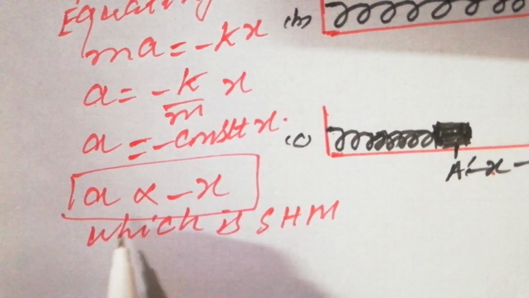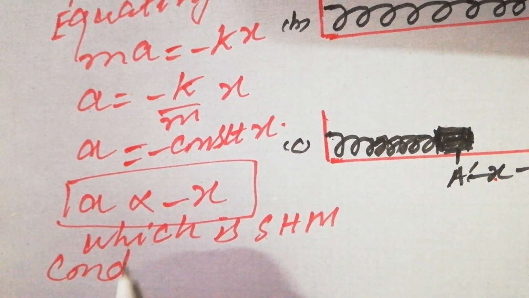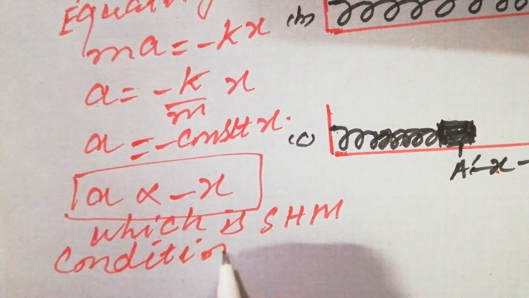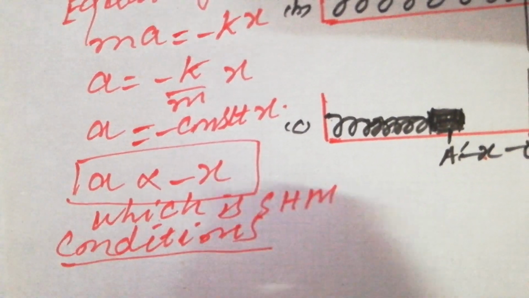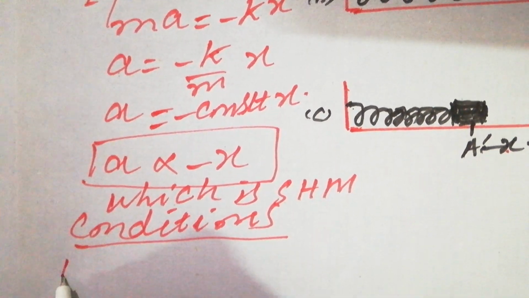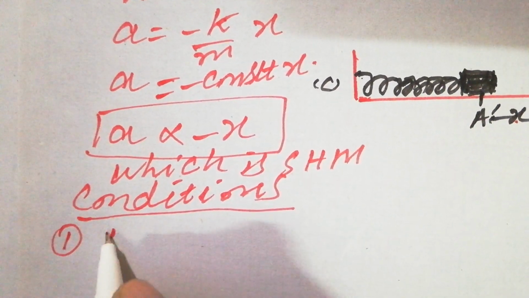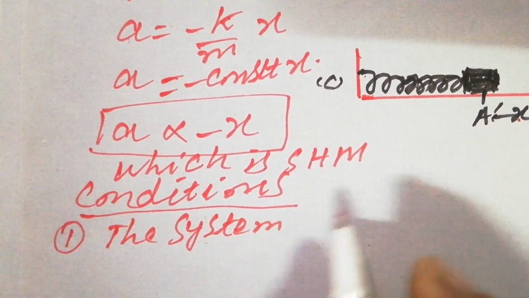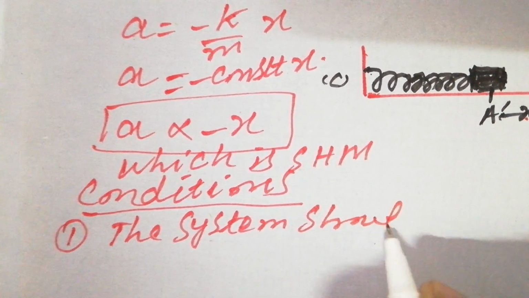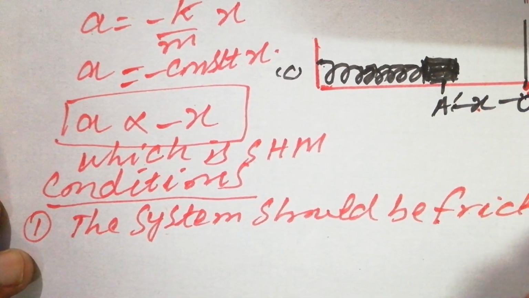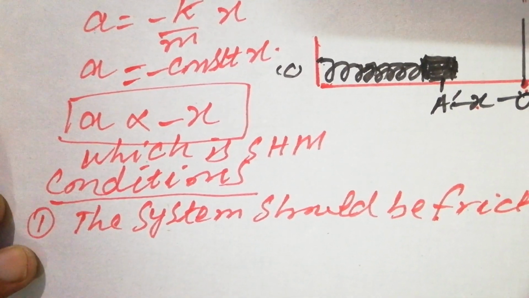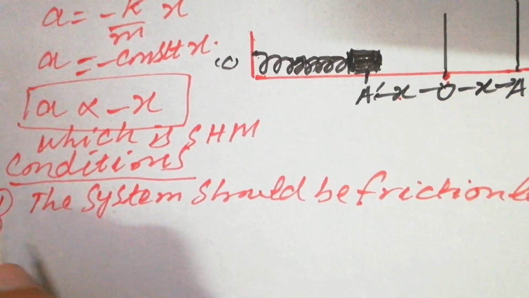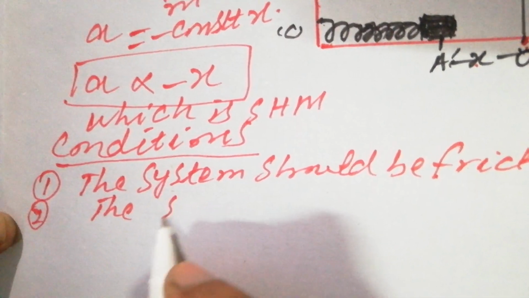And what are the conditions of simple harmonic motion, students? Now we are looking for the conditions. The conditions for simple harmonic motion are: number 1, the system should be frictionless. Number 2, the system should have inertia.